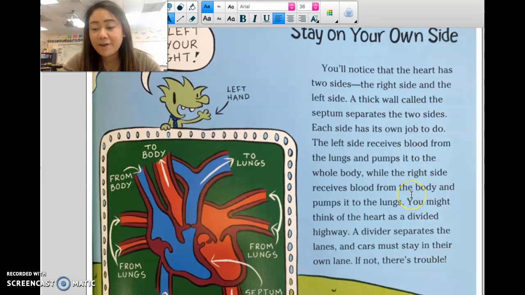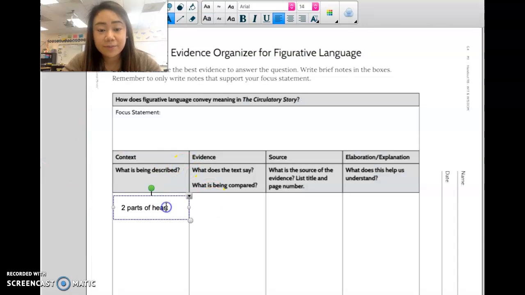I noticed that the author compares the two parts of a heart to a divided highway. I'm actually going to write that sentence down, in quotation marks, in your blue book. You're going to write that down.